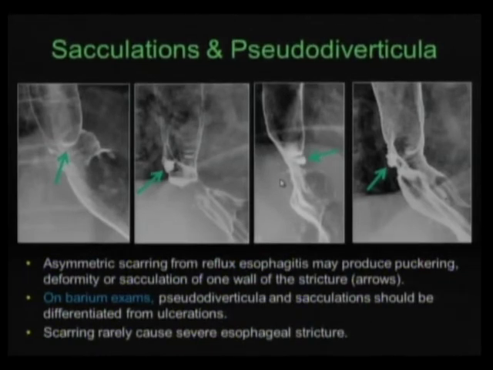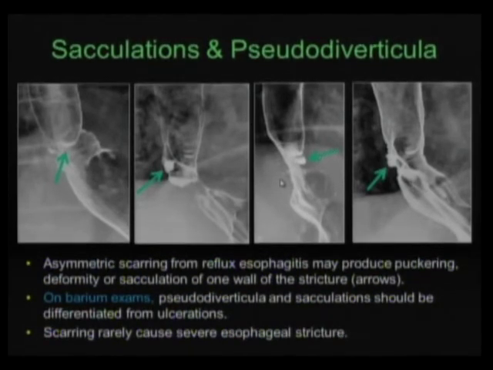So for example, if you suspect there is an ulceration here, this is a sacculation produced by the ulceration in the opposite wall. Same as here. This is a sacculation, and you can see the converging folds going to the other wall. Same as this one and this, okay? So there are multiple outpouchings.